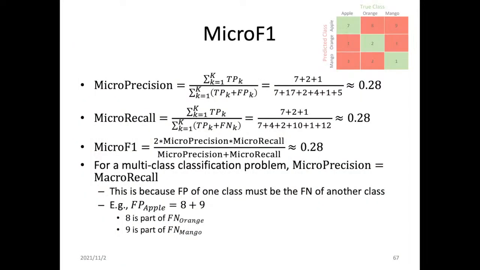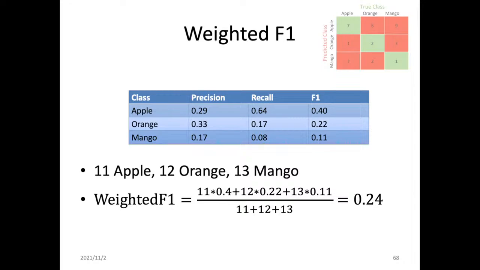Let me open the pen here. And there's another thing called weighted F1 score. So weighted F1 score is we compute the F1 score for each class just like before. And then we compute a weighted sum of these F1 scores. And what's the weight? The weight is just the percentage of the apples, the percentage of the oranges, and the percentage of the, I was wrong.